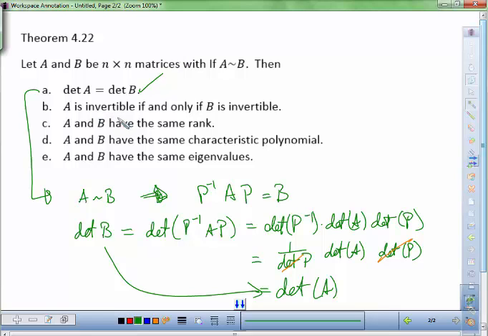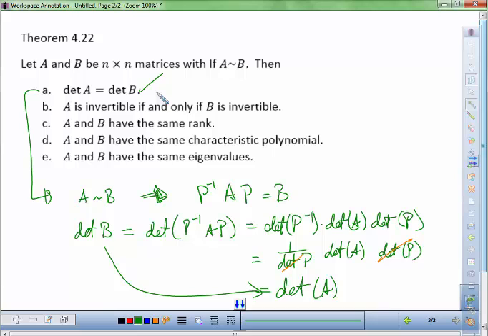And next one, A is invertible if and only if B is invertible. If A is invertible, the determinant is non-zero, and we know that if a matrix is invertible, its determinant is not equal to 0. So that kind of follows.